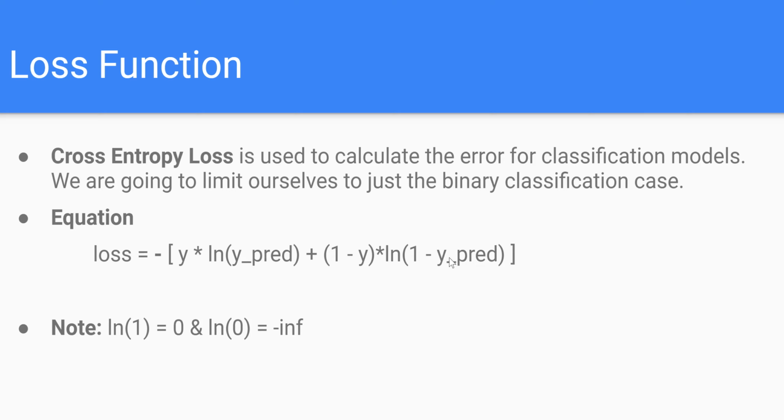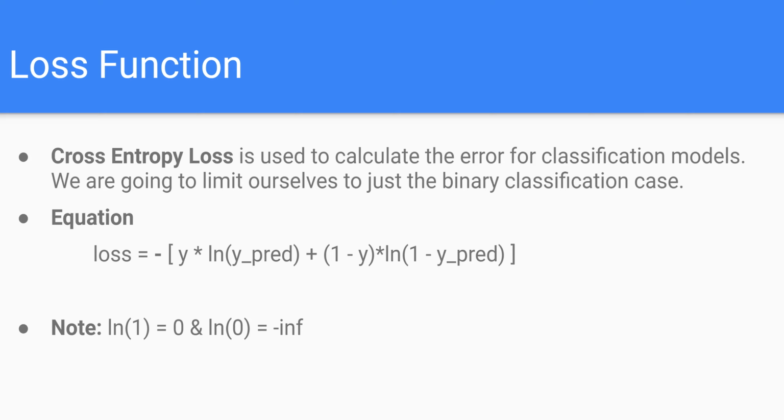And so 1 minus 1 is 0, and so this whole thing inside these brackets is going to evaluate to the natural log of 0, which is negative infinity. And so the negative of negative infinity you can think of as infinity. And so as you can see that's a really large loss, where our actual y value, the label, was 0, our prediction was 1, that's way off, okay? That's going to make the loss really high.